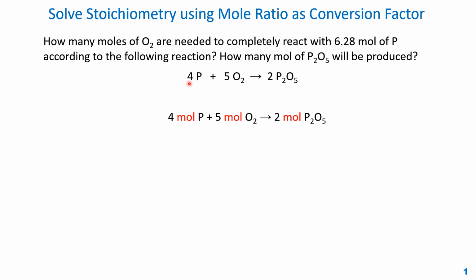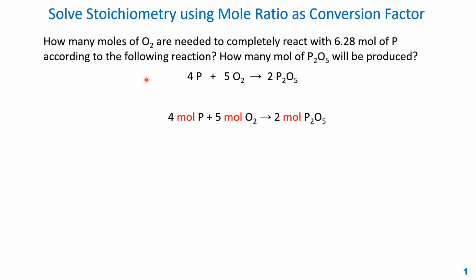The coefficient is the ratio of molecules, but it's also the ratio of moles. So we can always write moles as the unit for this coefficient. So now the ratio of these chemicals, reactant and product, is actually the mole ratio of the coefficients.